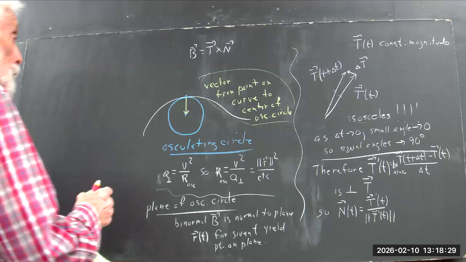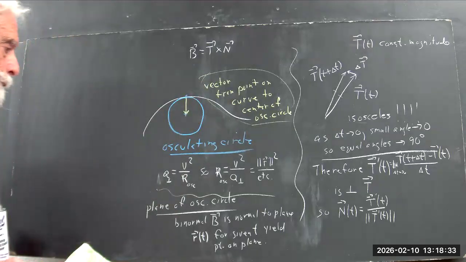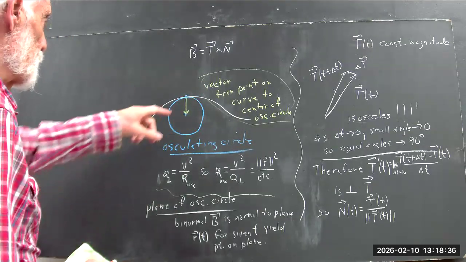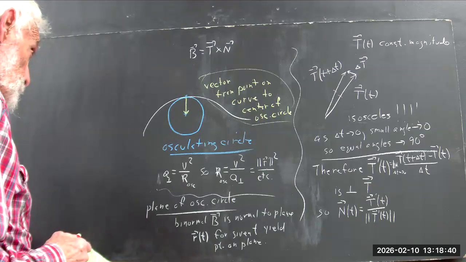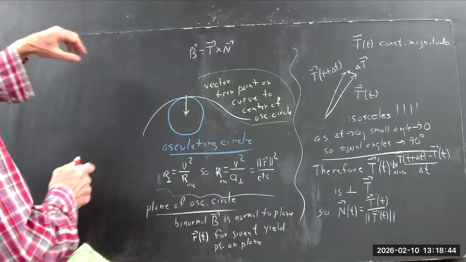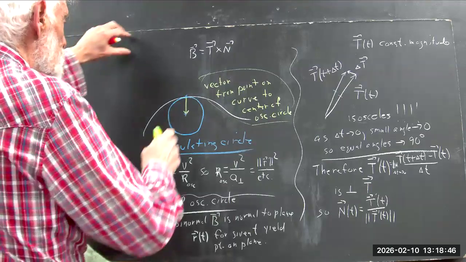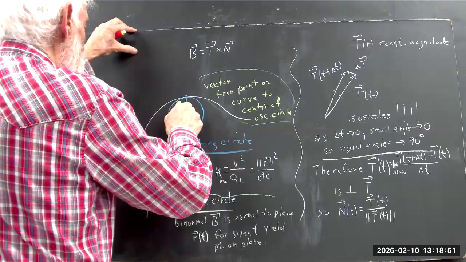It's normal to the curve. So this vector is just, let's say I've got to have a notation for this vector. I want to use V, but just to be completely unimaginative, we'll call it W.